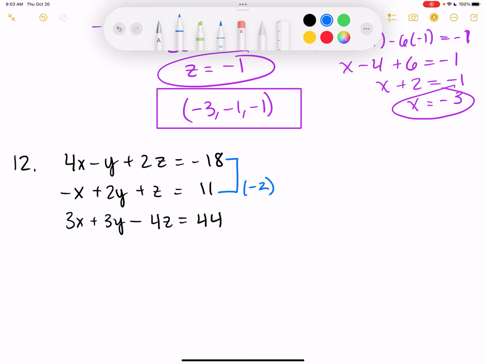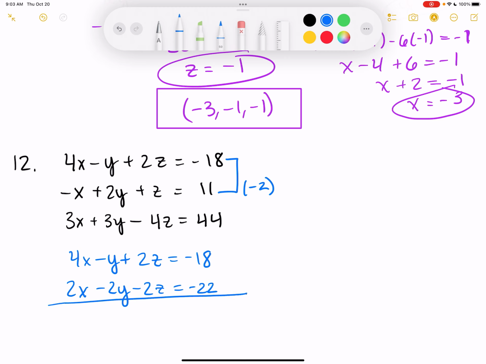So I'm going to have 4x minus y plus 2z equals negative 18, and then multiplying the middle one by negative 2, I'm going to have positive 2x minus 2y minus 2z equals negative 22. So my z's are going to cancel. I'm left with 6x minus 3y equals negative 40, right?